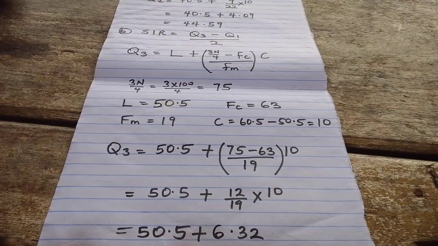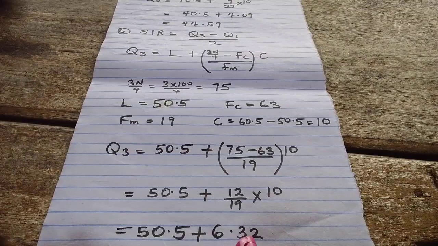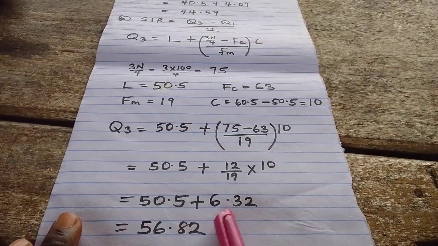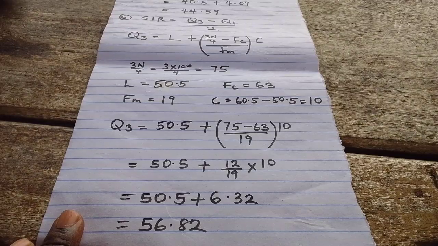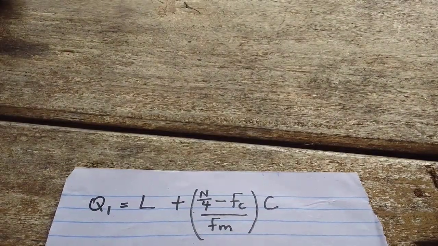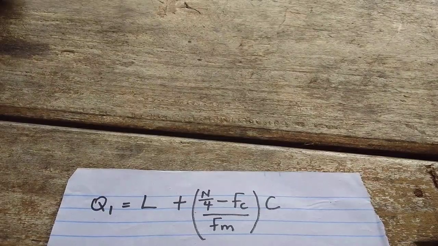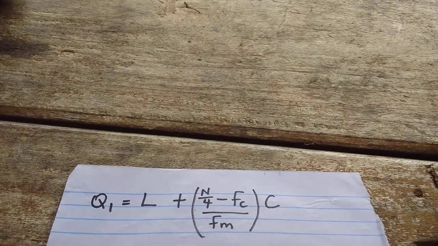So 50.5 plus 12 divided by 19 times 10 gives us 6.32. When you add the two, you get 56.82. After getting the third quarter, we need to get the first quarter also.